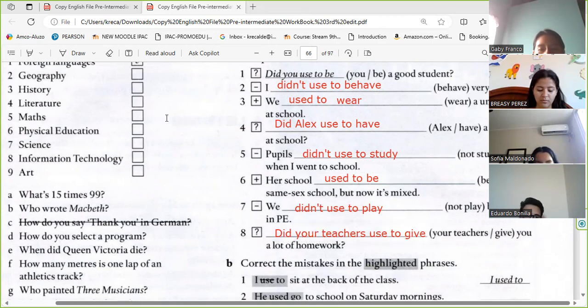Okay, so here we have, let me erase this. If you notice, when we have didn't, remember the verb comes in infinitive. But otherwise, if we use it in affirmative, the used to is in past and the other verb comes in infinitive always.